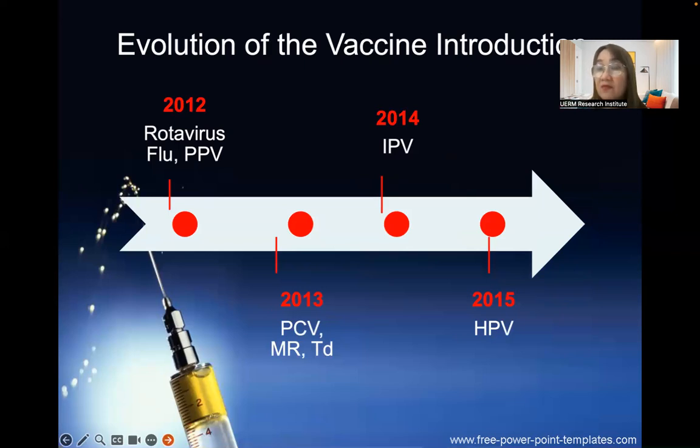In 2012, rotavirus was introduced into the National Immunization Program, prioritizing the infants of families listed under the National Housing and Targeting System for poverty reduction nationwide, as well as the introduction of flu and pneumococcal polysaccharide vaccine for indigent senior citizens.